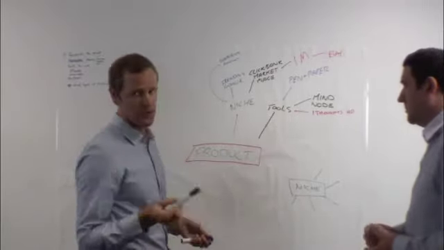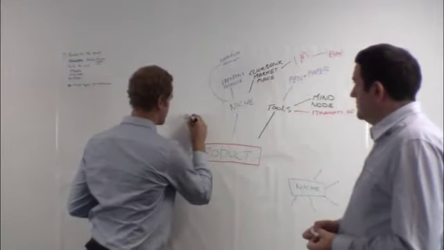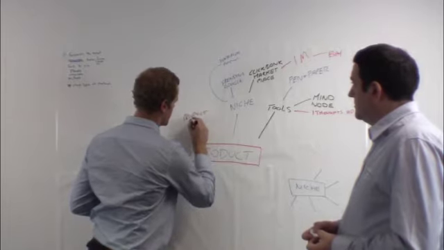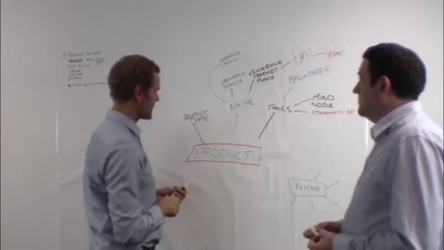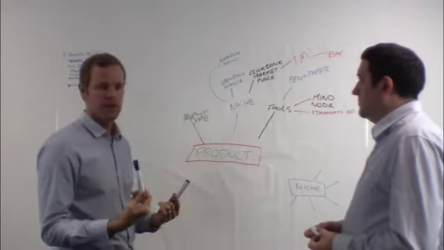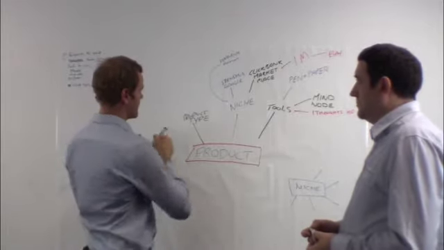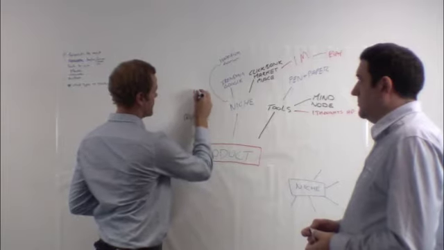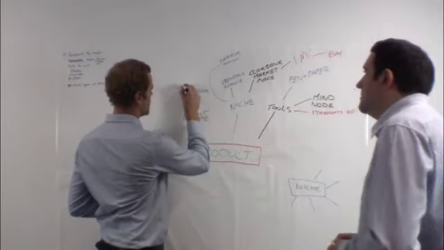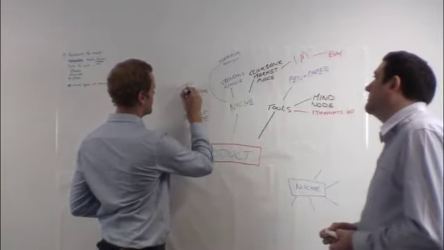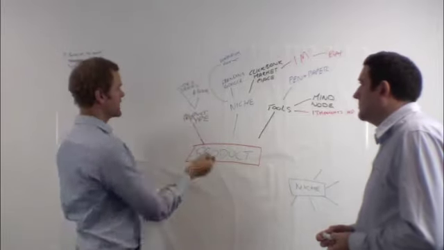But while we're here, we can also take a look at product type. From product type, you could evaluate what type of product you want to create. Now, would it be an ebook? A video series?